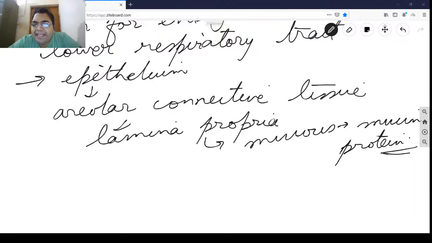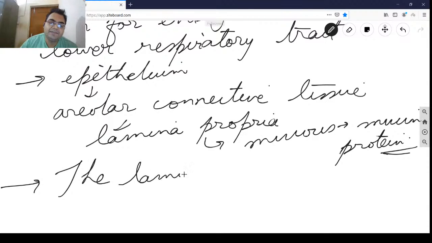Now, the lamina propria of a specific structure in the nose known as concha. First time you might be hearing; I'll show you the image also. The lamina propria of the nasal concha also contains an extensive network of highly expandable veins. So first let me write down, then I'll show it to you.